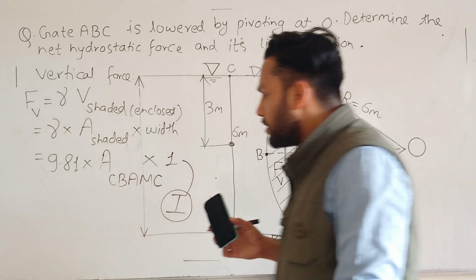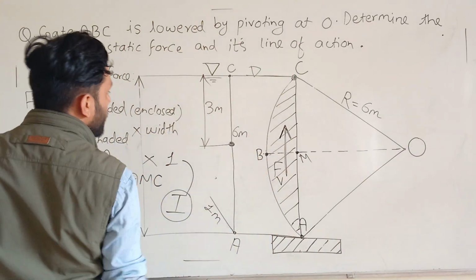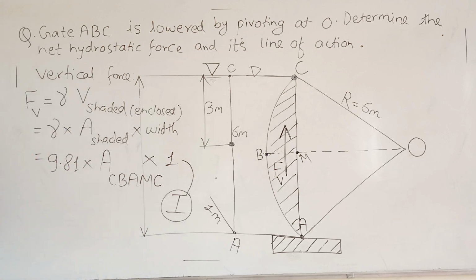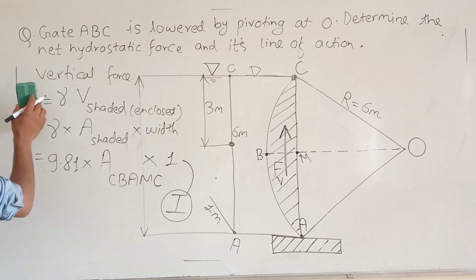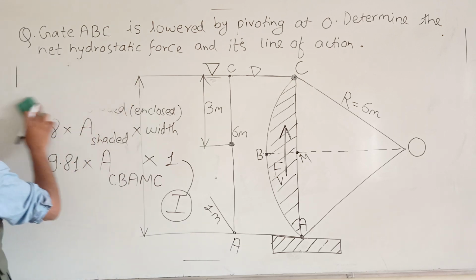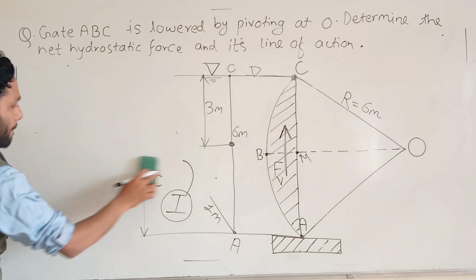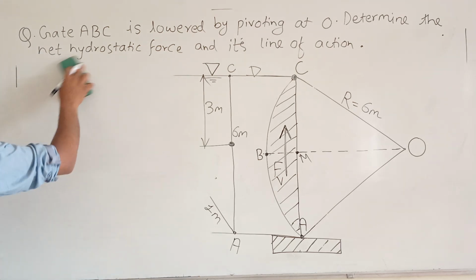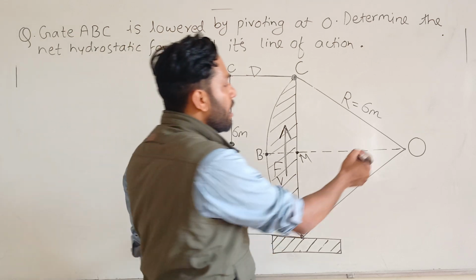So let's proceed to find the area of the lamina CBAMC. Now I am going to erase this one. I will return to equation number 1 later on. First we need to find out the area of this triangle.